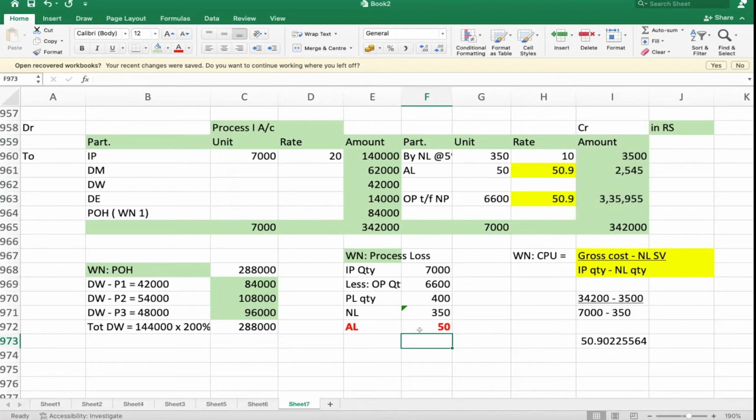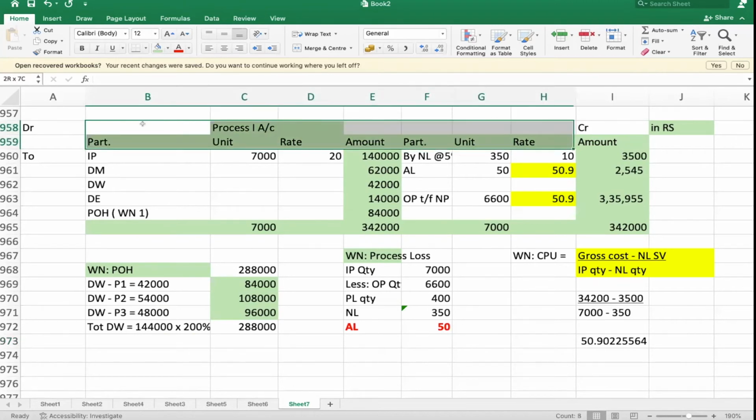Any doubt up to this stage? Shall I go to the next process? Same manner, we are going to apply for the next process also.